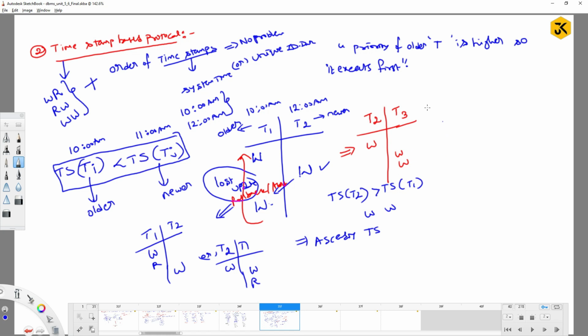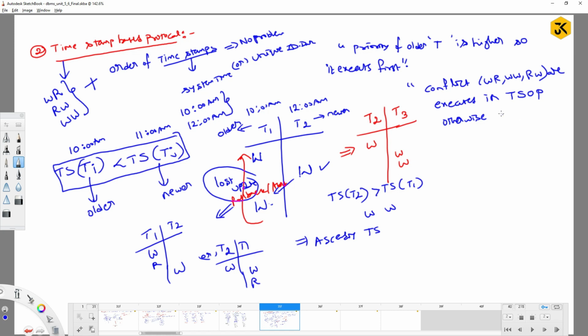So in other terminology, whatever the conflicting operations are there, something like write read, write write, or read write, are going to be executed in which order? They are going to be executed in the timestamp order. Otherwise, if they are not executed in the timestamp order, what do you have to do?